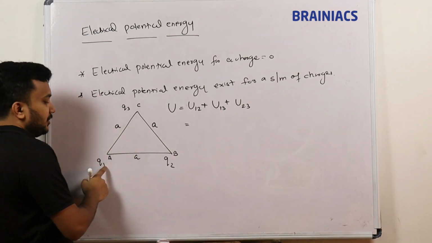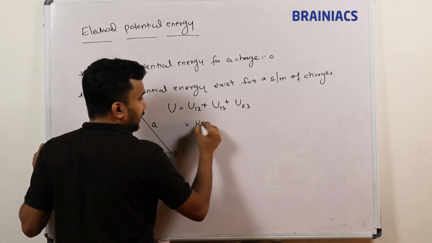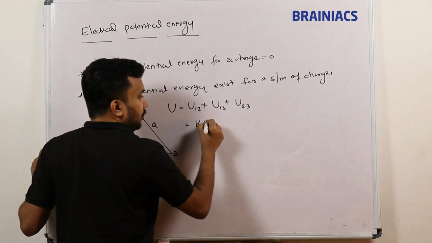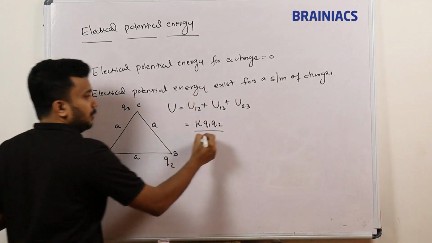So we'll first find the potential energy due to 1 and 2. Potential energy is equal to K into the product of the two charges Q1, Q2 divided by the distance between them. This is called potential energy.